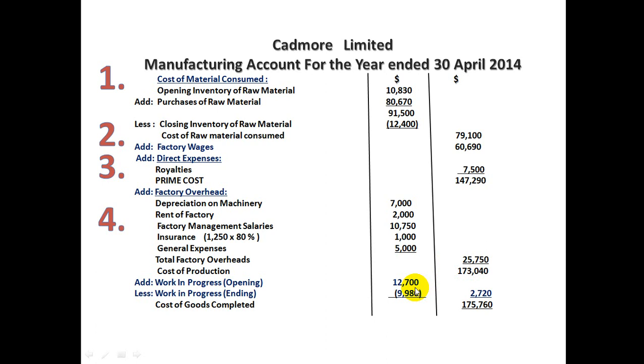Instead of doing it turn by turn, we will see the difference of these two. 12700 minus 9980 is actually 2720. This is greater, so it will finally be added and we will get the cost of goods completed, or the cost of goods produced in 1 month for Cadmore Limited. So this is the manufacturing account or the cost of goods produced statement for Cadmore Limited.